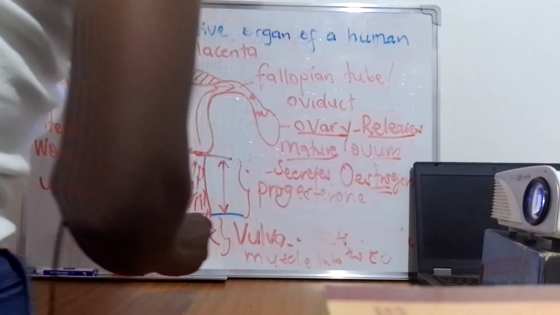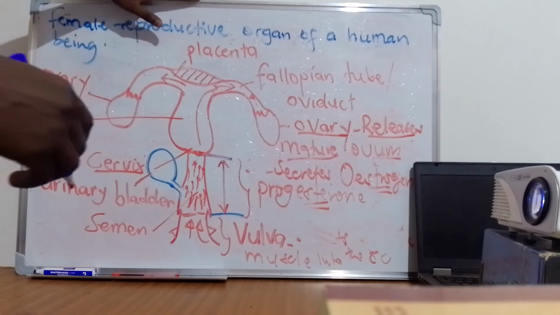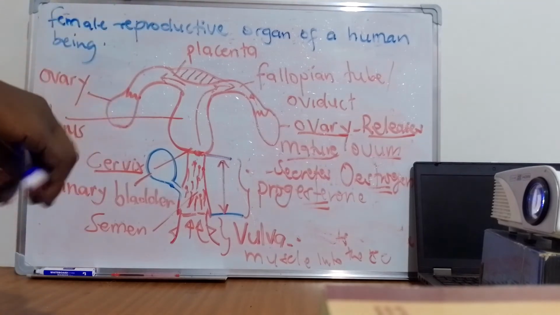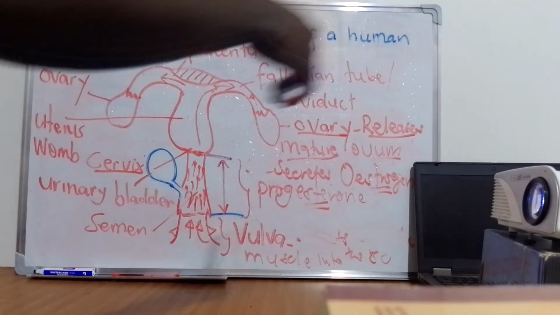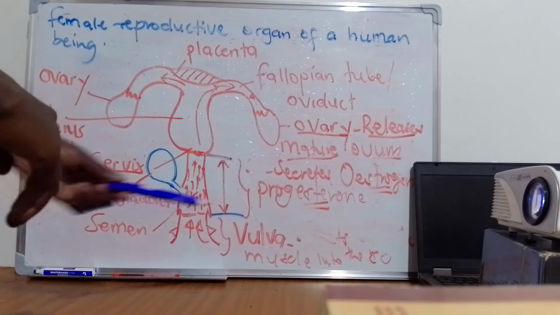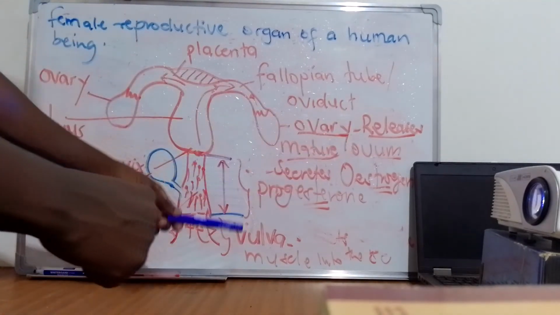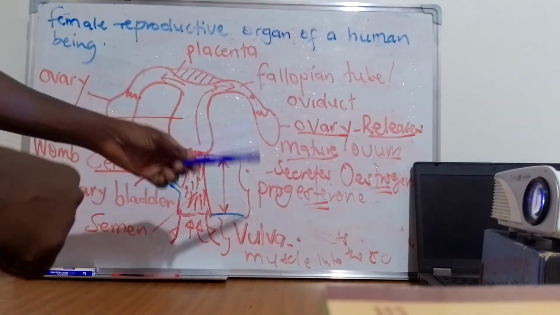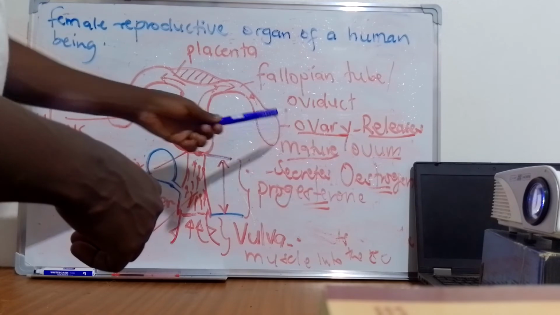These two hormones, progesterone and estrogen, are responsible for causing secondary sex characteristics. We shall see that in the future. But for now, the function is release of a mature ovum, and then secretion of estrogen and progesterone hormones. Those are the two basic functions of the ovary.